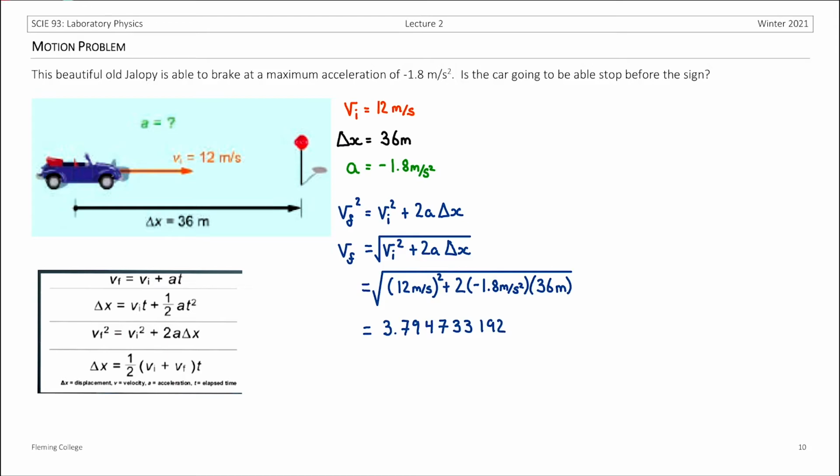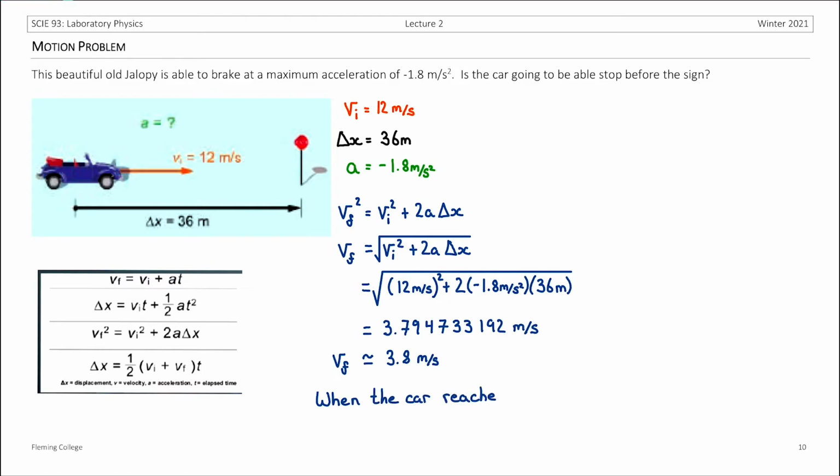3.794733192 with units of meters per second. Looking at all of our given information, that means we can say that our final velocity is approximately 3.8 meters per second. Always remember, answer the question you were asked. Is the car going to be able to stop before the sign?